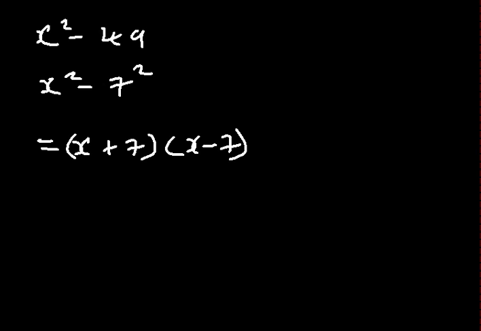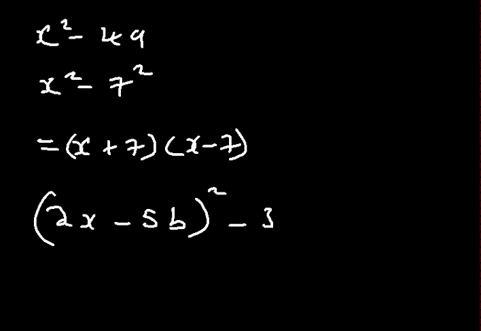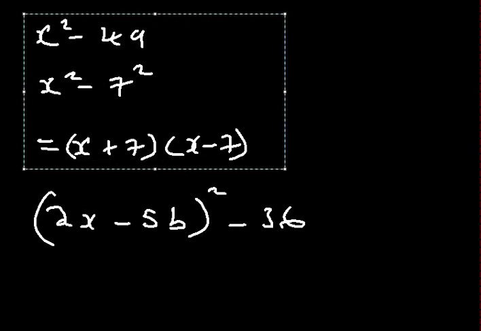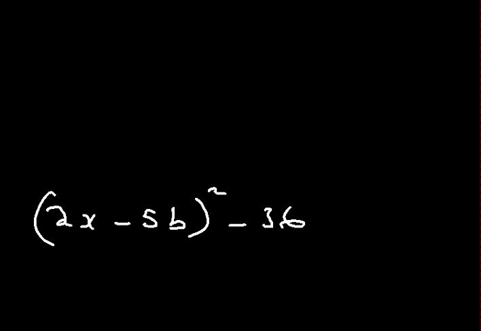And let's say we have 2x minus 5b, to the power 2, and minus 36. Now how should you completely factorize this expression if this is the case? According to the principle, as you can see, we have two terms, and both are perfect squares, in the sense that we can express 36 as 6 to the power 2.